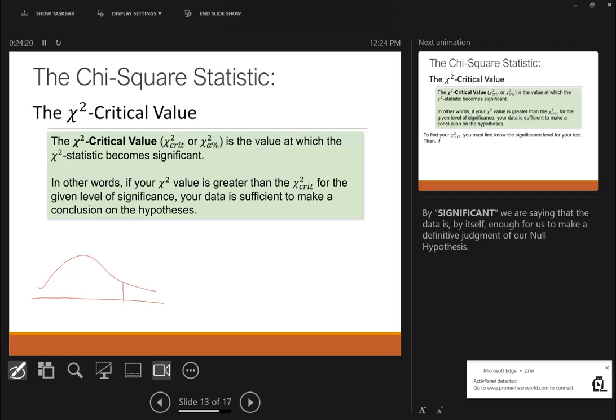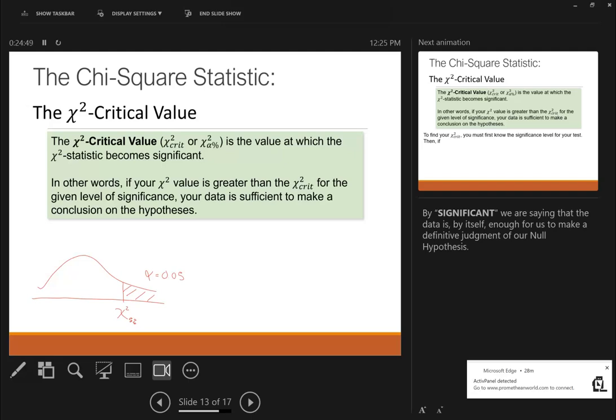Let's say we have some level of significance, let's say it's 5%. So that shaded area under the curve represents 5% of the area under the curve, right? This value here is your chi-squared critical value, the x value that is the boundary there.